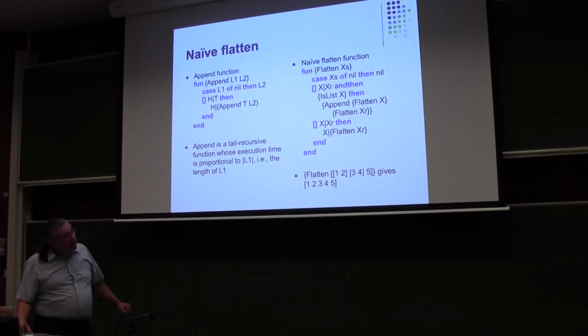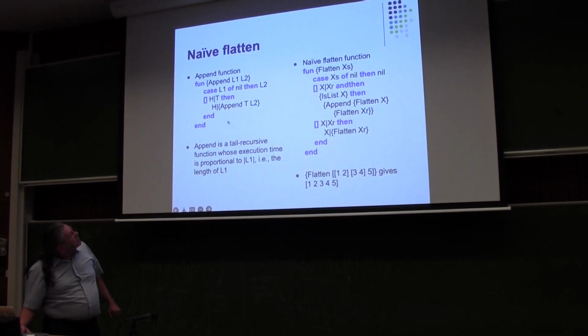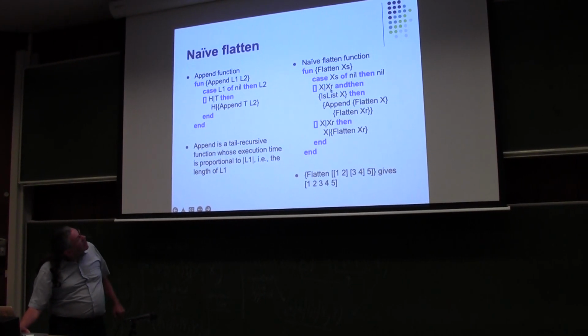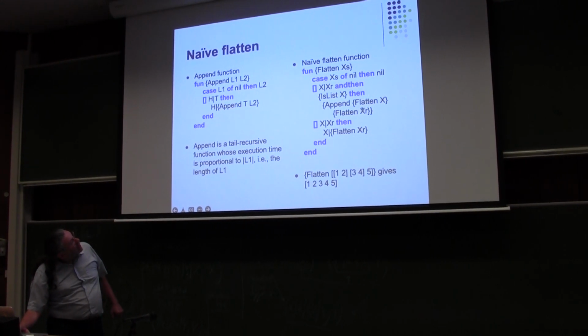And this uses append. So here's append. I just wanted to show it to you. Okay. This is append. Here you have a case. If x, xr, if x is a list, so x, xr, and then is list x. If x is a list, then I will call flatten on x and on xr.